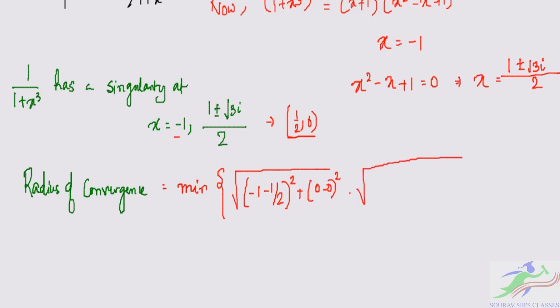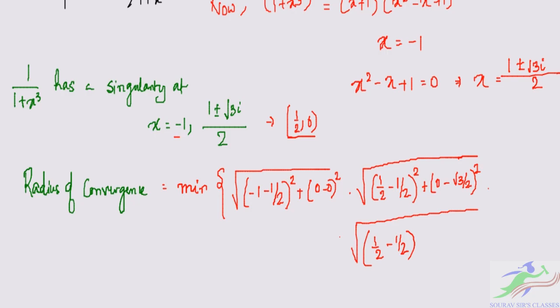Then the next one is the square root of half minus half, whole square, plus 0 minus root 3 by 2, whole square, and the last is the square root of half minus half, squared, plus root 3 by 2, squared.